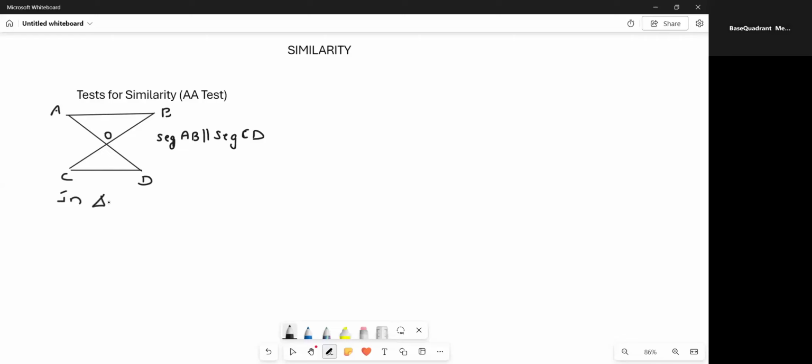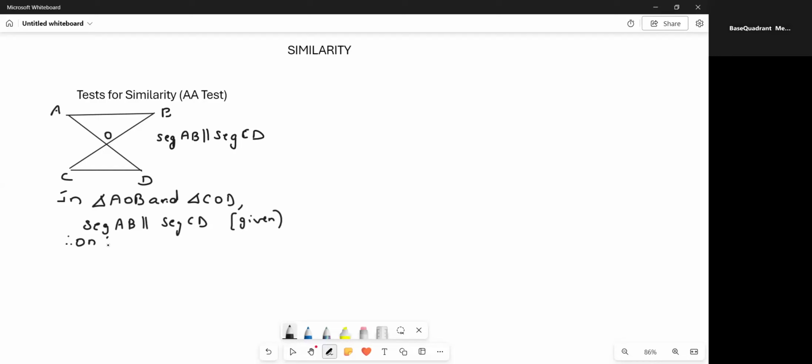In triangle AOB and triangle COD, first we'll say, segment AB is parallel to segment CD, given.